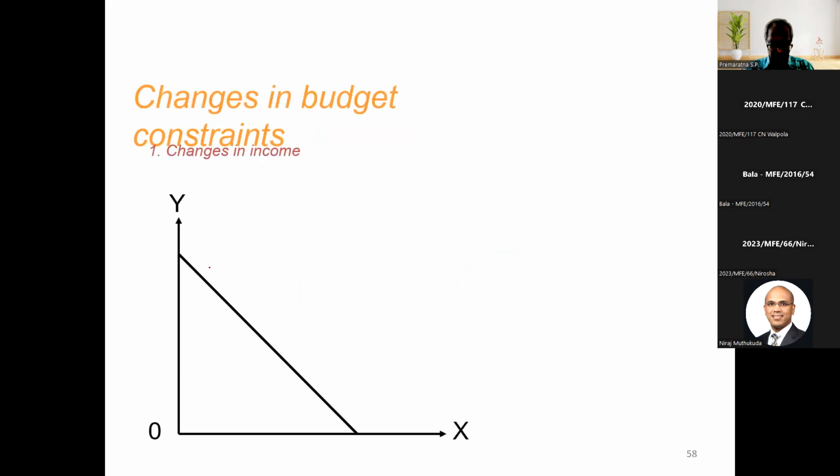Now, the original budget line, let's say what happened in the income change. Income increase or decrease, prices constant. Previous example is the income we get $100. Let's say income increases or decreases with the given prices, PX and PY.